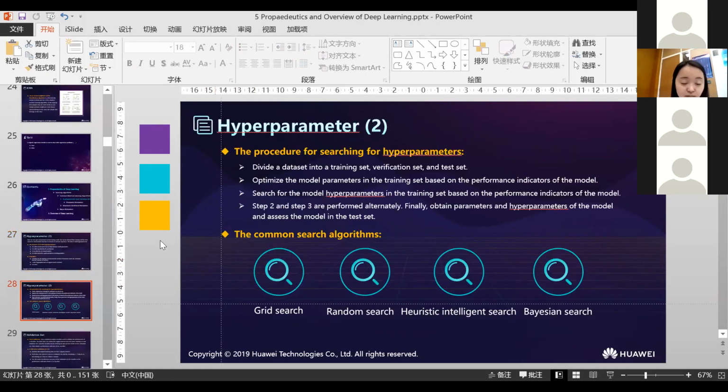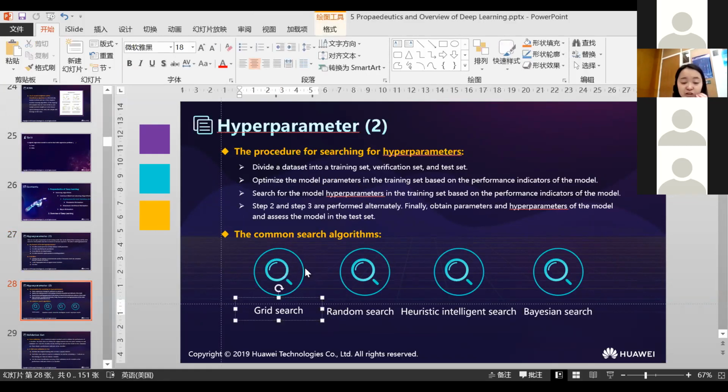Here are some commonly used search algorithms to find proper values of these hyperparameters. We're going to introduce the first two, grid search and random search.